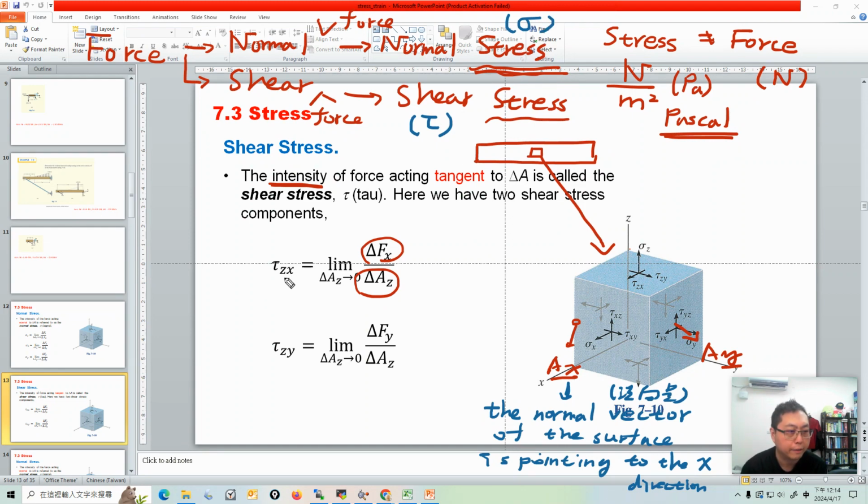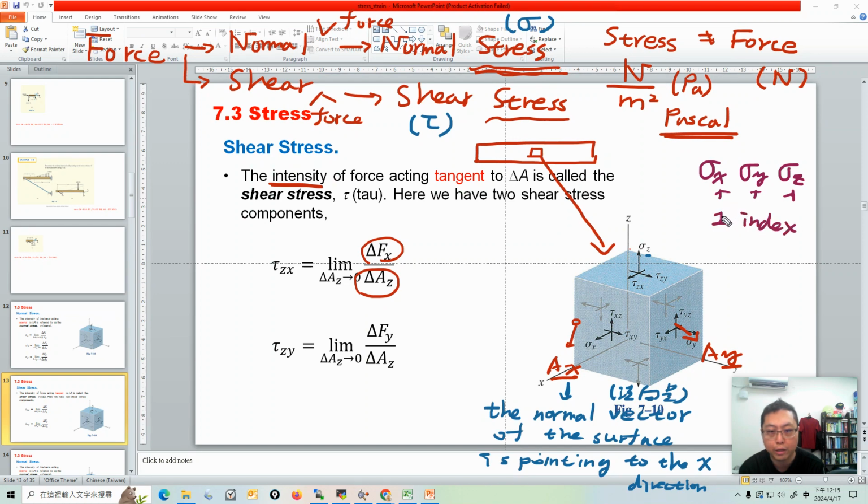In the normal stress, we only have one index. What do the indices mean? In the previous slide, normal stress only has sigma x, sigma y, sigma z. It only has one index.